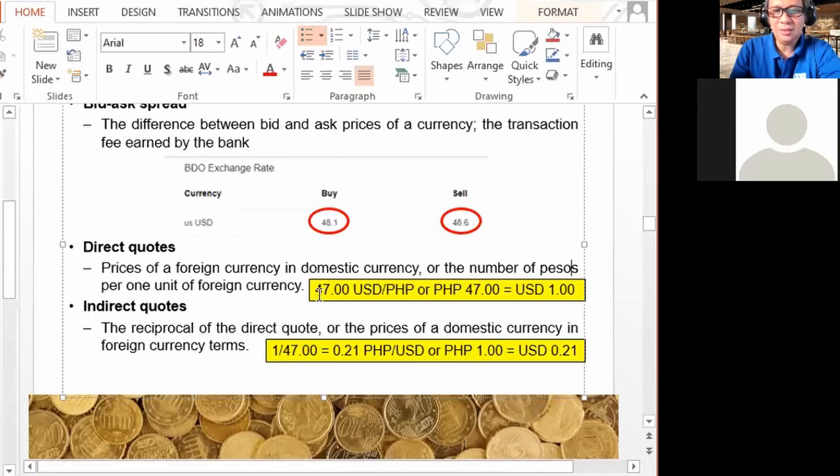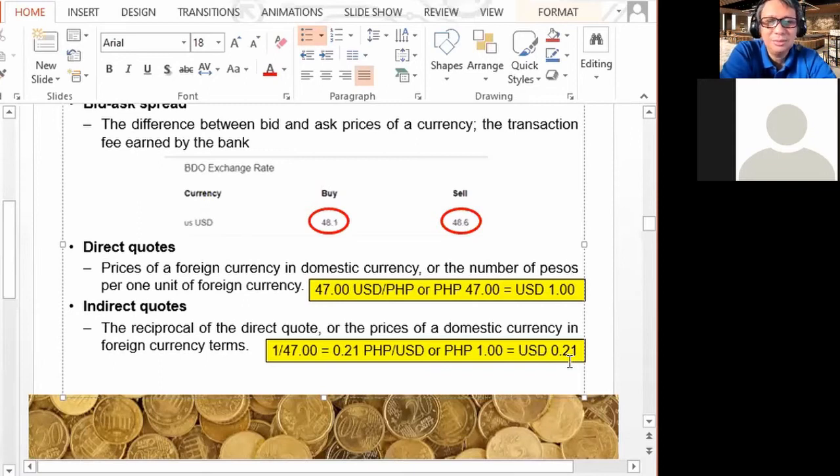So at that exchange rate of 47 pesos per US dollar, our 1 peso is equivalent to only 21 cents in the US dollar. Okay? So that's what you call the indirect quote. Madalas ang nakikita natin, direct quote.